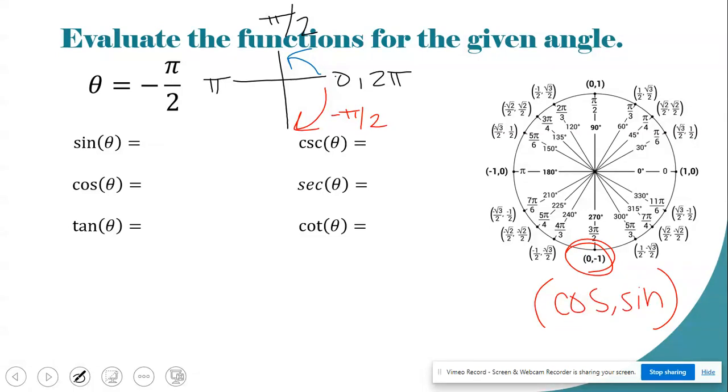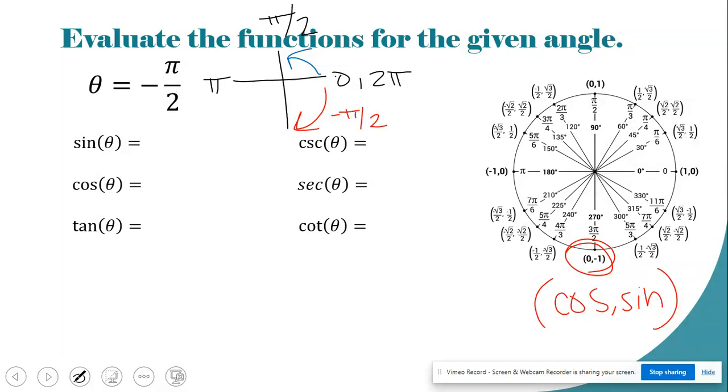And that's just because cosine happened to be the x side length for whatever triangle we were drawing, and sine happened to always be the y side length for whatever triangle we were drawing when we were first coming up with our coordinates, drawing our special right triangles.